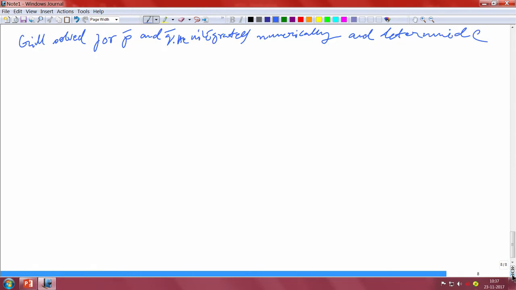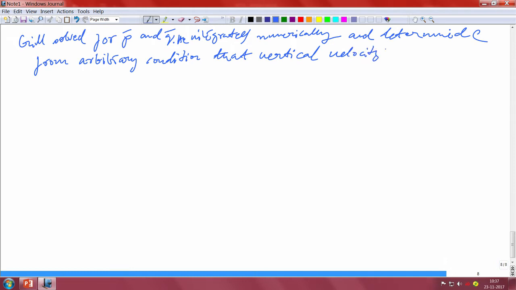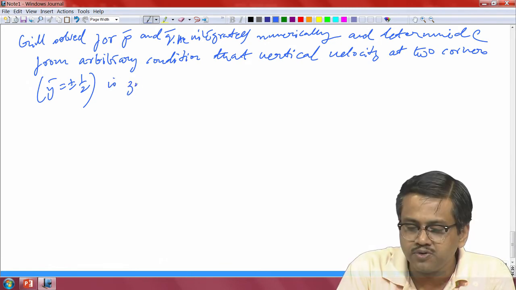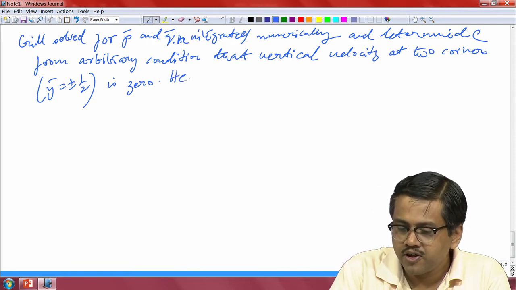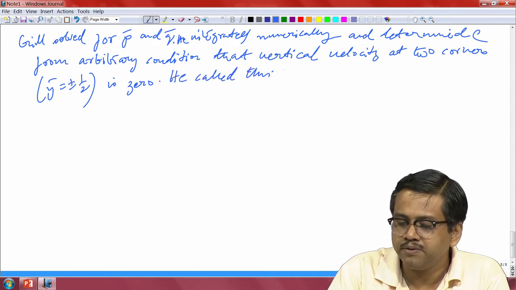So, he determined constant c from the arbitrary condition that the vertical velocity at the two corners, which is basically y bar equal to plus minus half, those are the two corners, is 0. So, this he called the impermeable limit. Okay. He called this the impermeable limit.